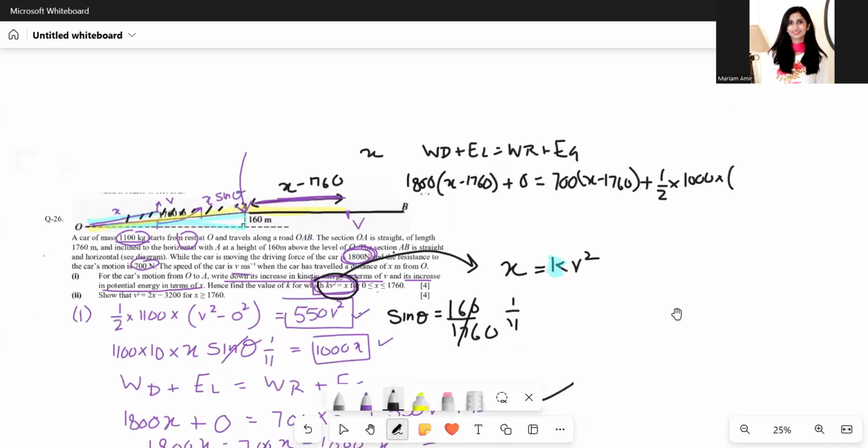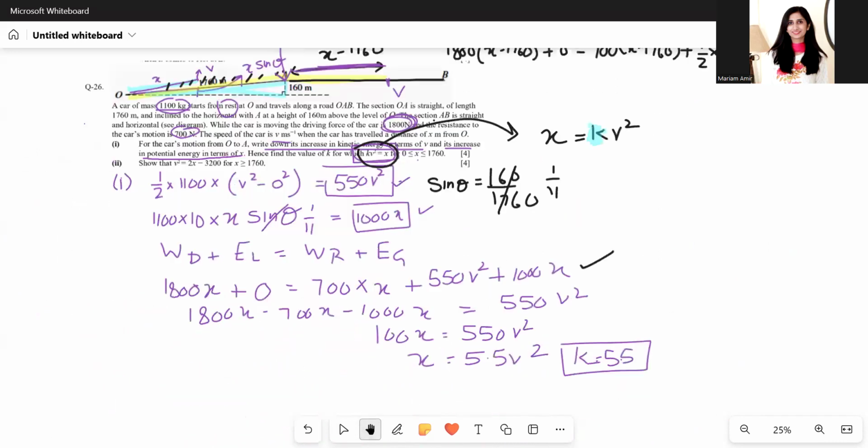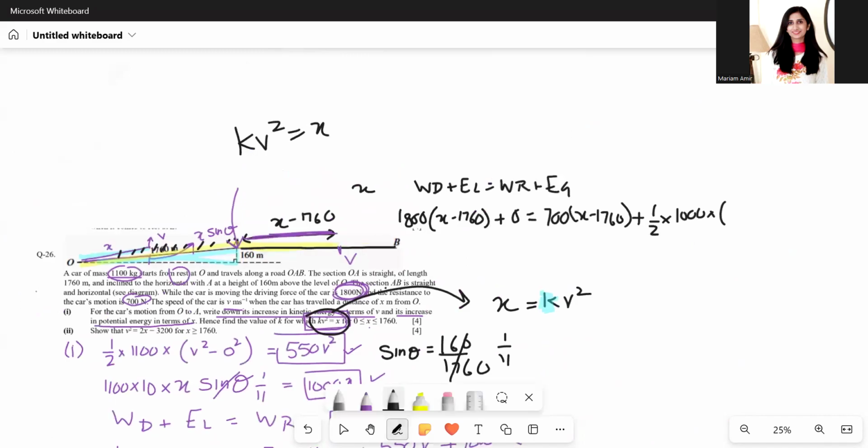For the first part of the journey, we know kv square is equal to x. Our k came out to be 5.5 times v square equals the total distance from the bottom to the top, which is 1760. This will give us v square, so no need to square root. 1760 divided by 5.5 comes out to be 320. So v square here is 320.